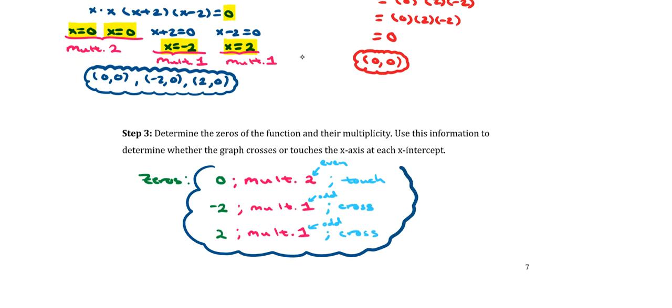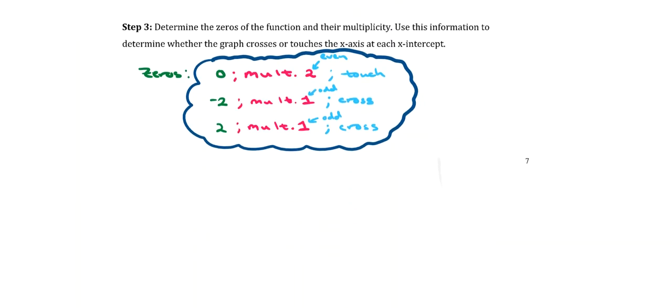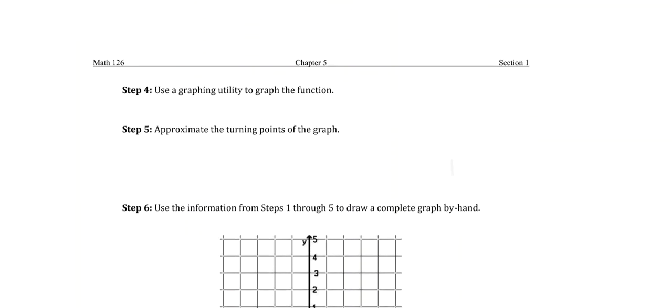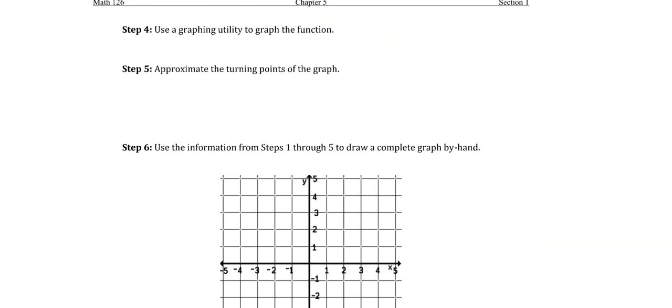Right, and that's where the pain and torture, the fun and excitement ends for step 3. Moving on to step 4, it says use a graphing utility to graph the function. And what you would do here is simply enter f of x into y1.